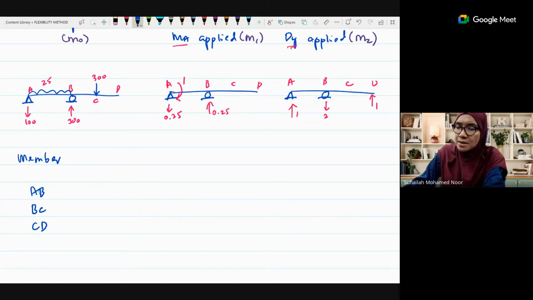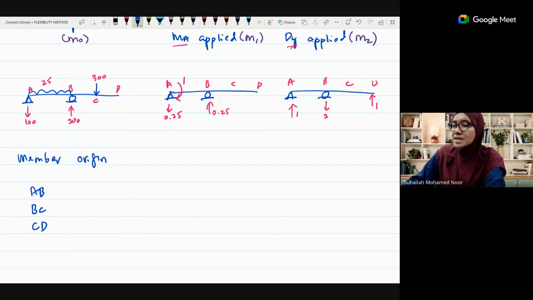Okay, when we write the moment equation, we have an origin. All points can be the origin, and normally we choose the easiest cutting section. So by choosing the origin, we will get the cutting section, right? Choose the easiest.